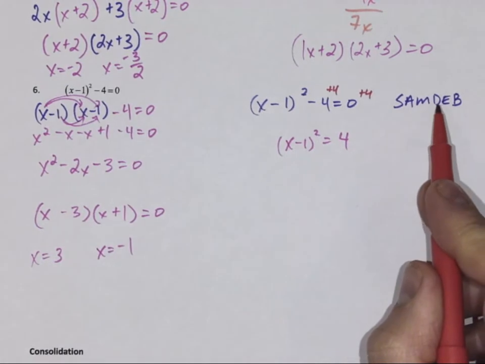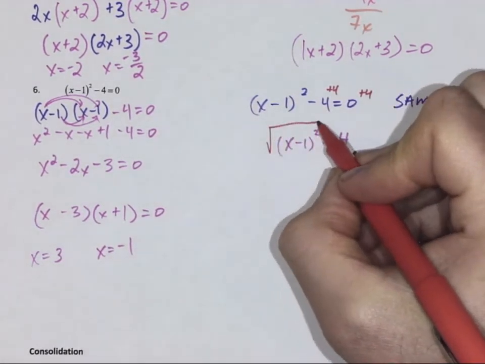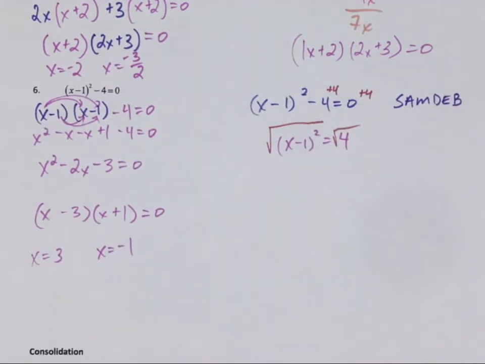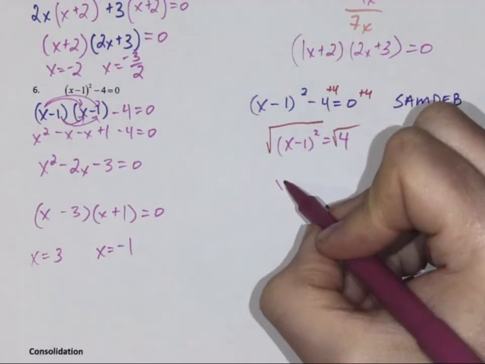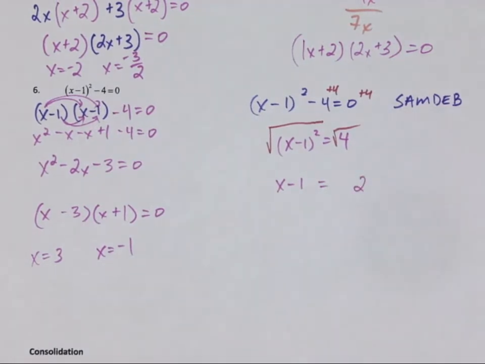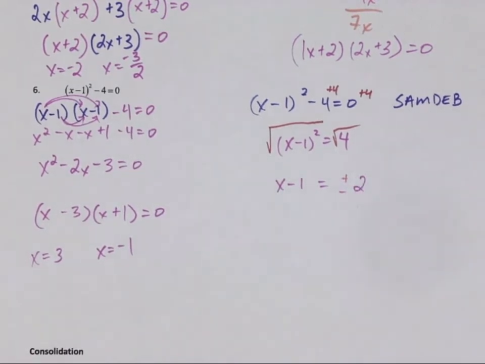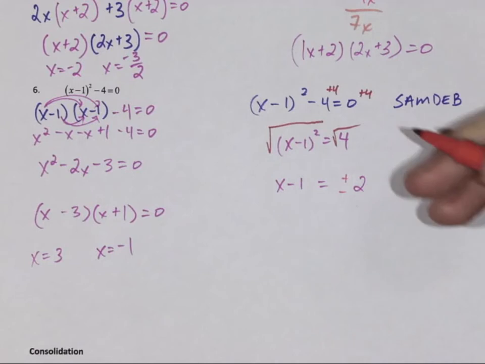There's no multiplication or division outside the brackets. There is an exponent. To get rid of squared, I'm going to take the square root, which means I take the square root of 4. That leaves me x minus 1 equals, the square root of 4 is 2, but don't forget, it's also negative 2. So it's positive 2 and negative 2. There's two solutions.